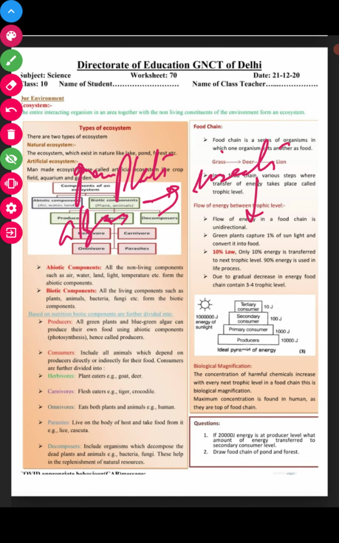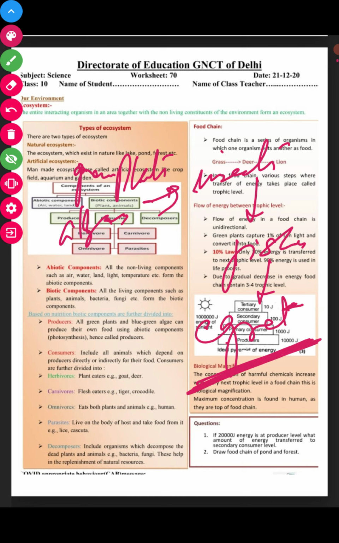These insects are eaten by fishes present in the pond, and these fishes are eaten by the egret, whom you call bagula in Hindi. So this is a kind of food chain present in the pond.